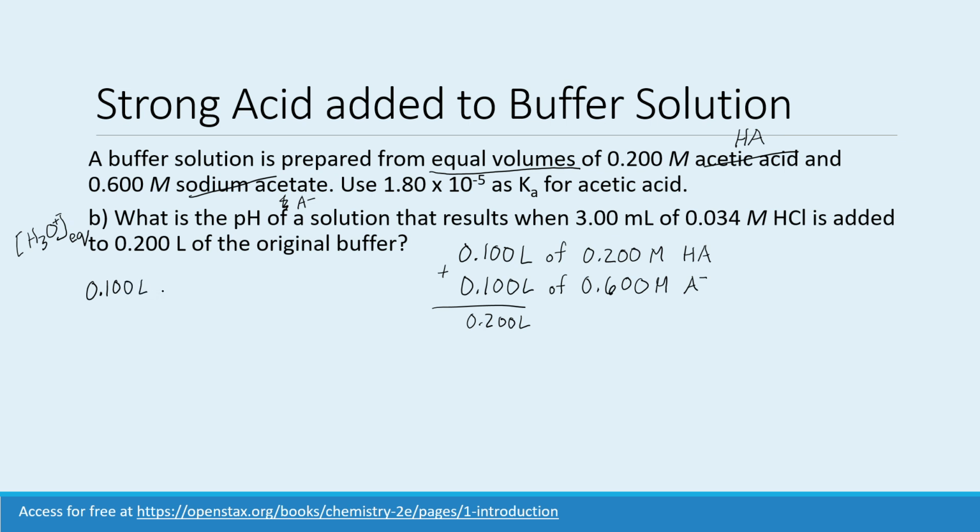So let's start with the 0.100 liters times the 0.2 moles per liter of our weak acid. And so we've got 0.02 moles of the weak acid.